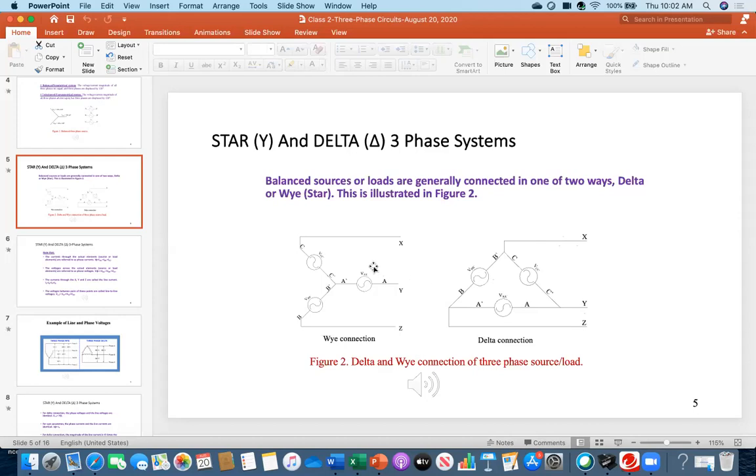Similarly, you see again in this case, if you measure a voltage between A and A prime, you get one voltage. But then if you connect a voltmeter between X and Y, you would get a different voltage. Because from X to Y, these two coils are involved.